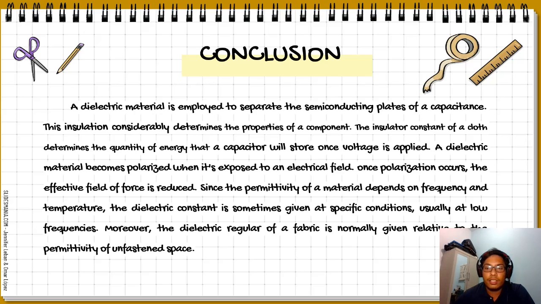Once polarization occurs, the effective field is reduced. Since the permittivity of a material depends on frequency and temperature, the dielectric constant is sometimes given at specific conditions, usually at low frequency. Moreover, the dielectric constant of a material is normally given relative to the permittivity of free space.